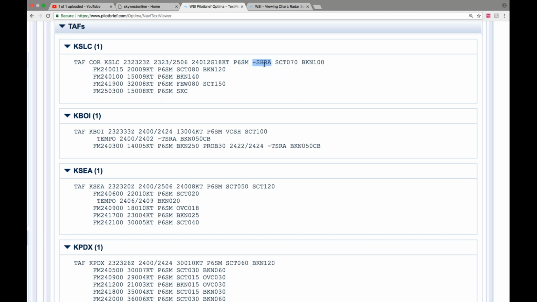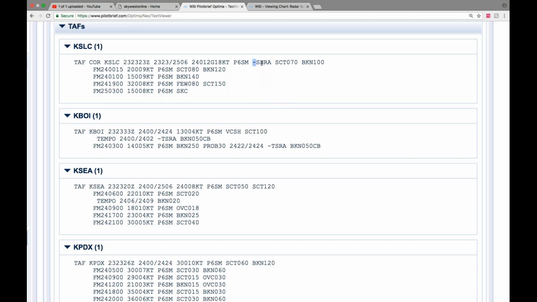The funny thing about METARs and TAFs is if we have an intensity indicator and then we have a description like showers, we'll skip the description and we'll start with the intensity. So intensity is light, rain, and then showers. Does that make sense?